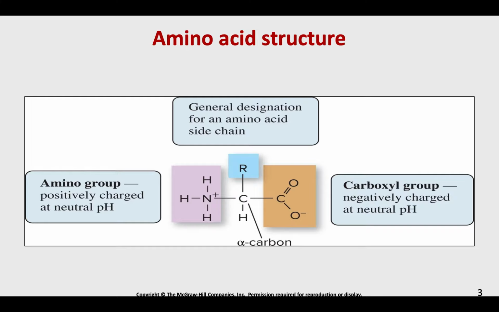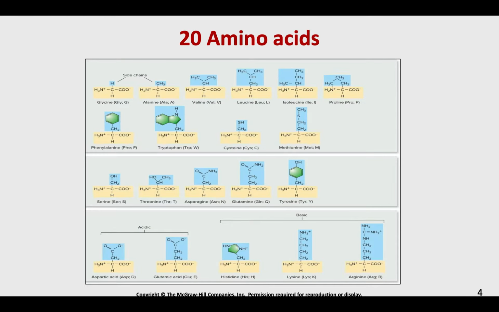Now I don't expect you to know every single R group. I think that's a little tedious, and honestly, I don't have that memorized, so I'm not expecting you to have that memorized. For R groups, just know it's an R group. We know that there are 20 different amino acids, depending on what R group is attached.